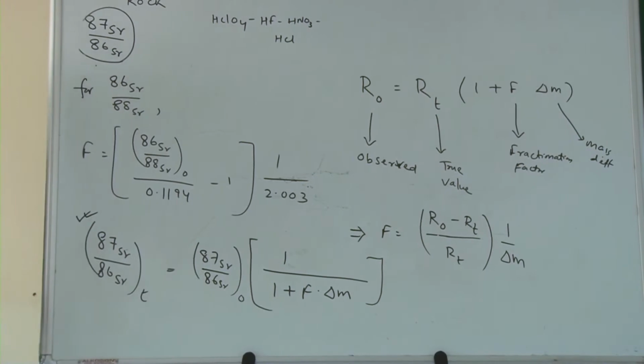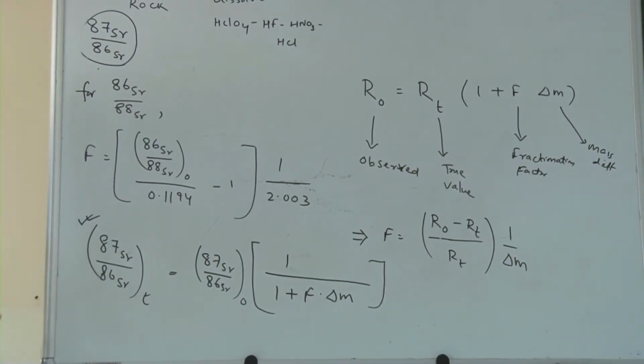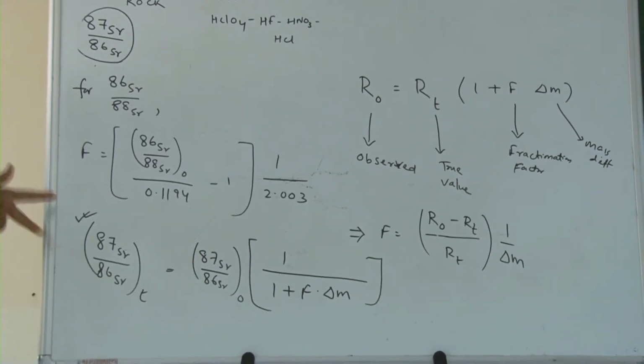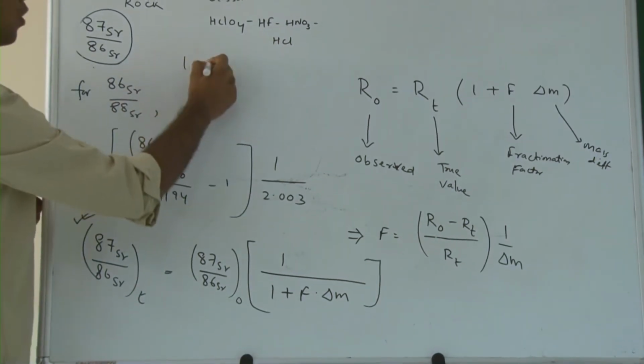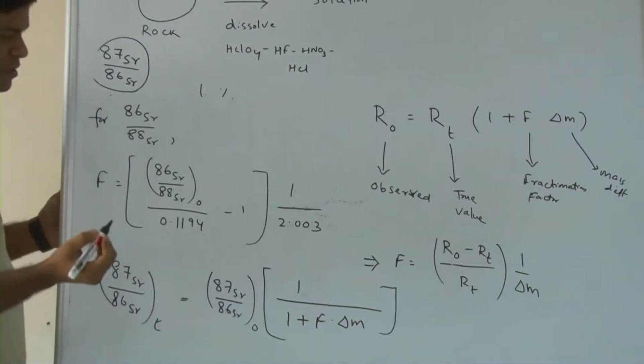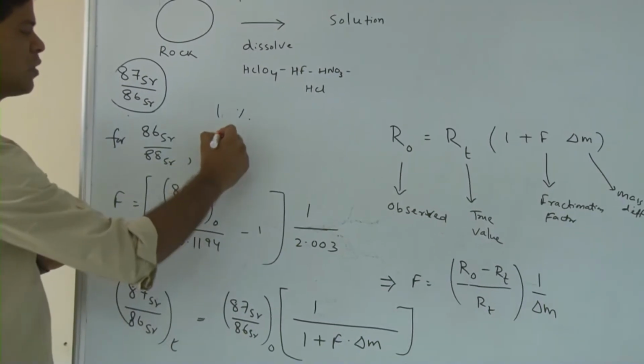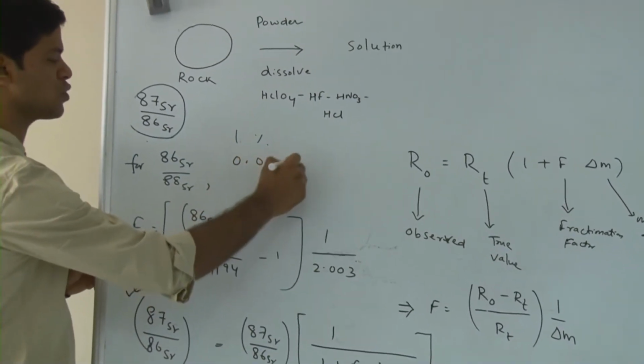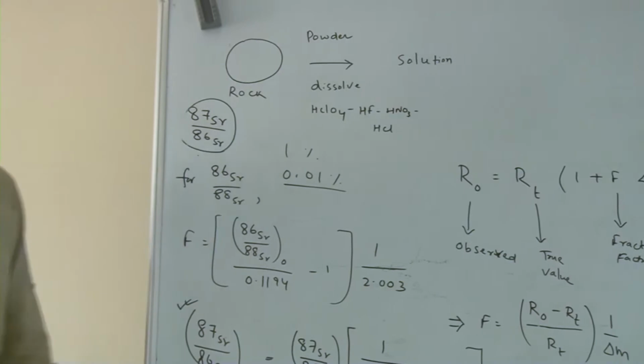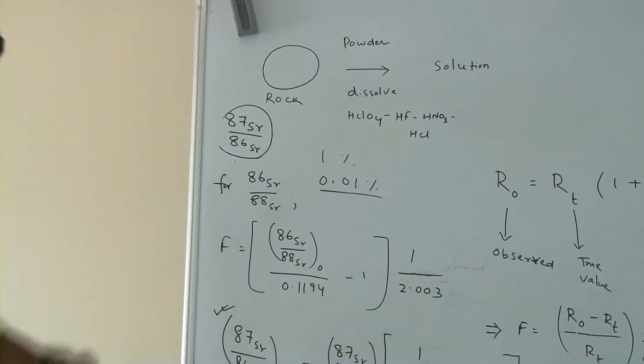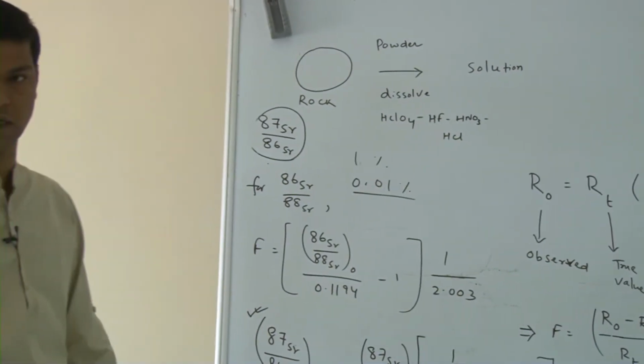So, basically the mass fractionation that has happened is now corrected, and instead of the variation of about 1% due to instrumental mass fractionation, after this correction the precision goes up to 0.01%. So, this is what is done for mass fractionation corrections.